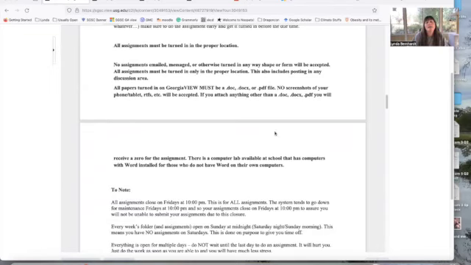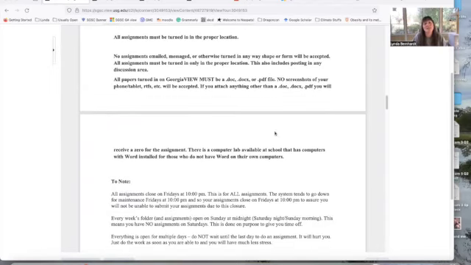This part right here, oh goodness gracious. Any attachment that you are putting in for an assignment needs to be a Word document or a PDF. That's it. So it has to end with .doc, .docx, or .pdf. Anything else is not acceptable. If you send me a screenshot from your phone or your tablet, not acceptable.